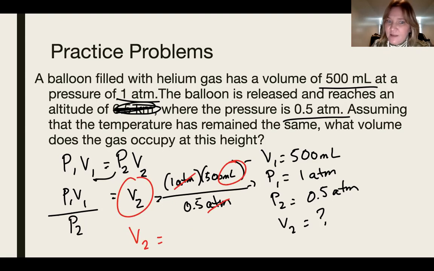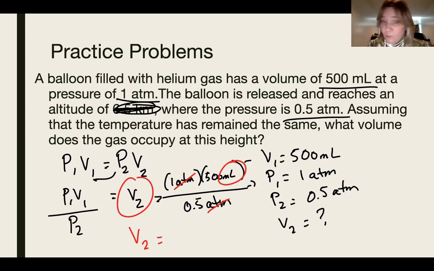So V2 is equal to 500 divided by half, which is 1,000. Where's my calculator? Hold on. Where did it go? Calculator, there it is. Okay, so let me go back here. I'll drag that up. There we go.